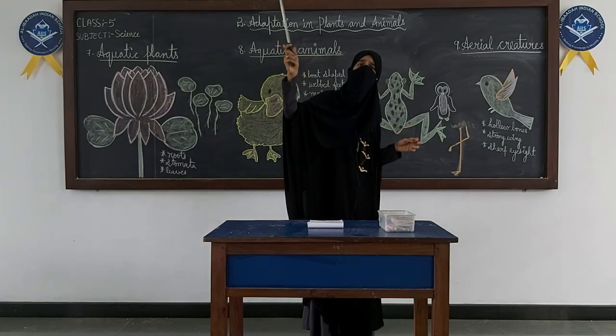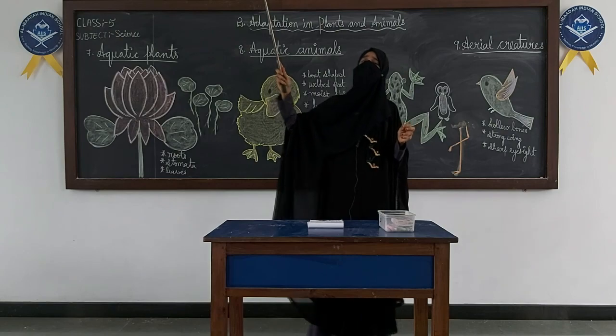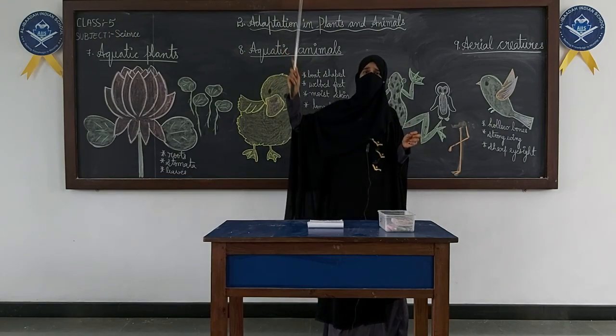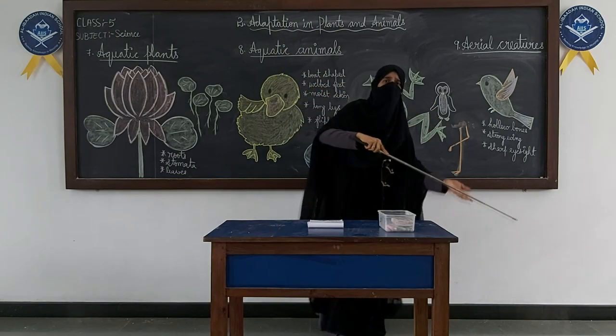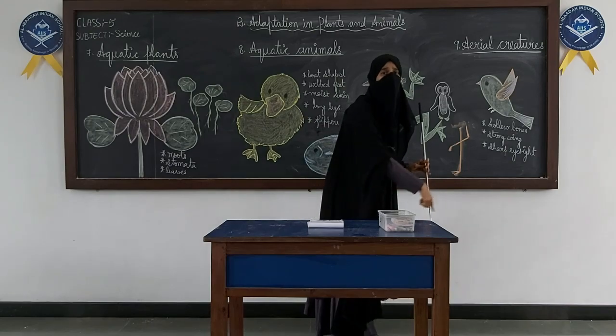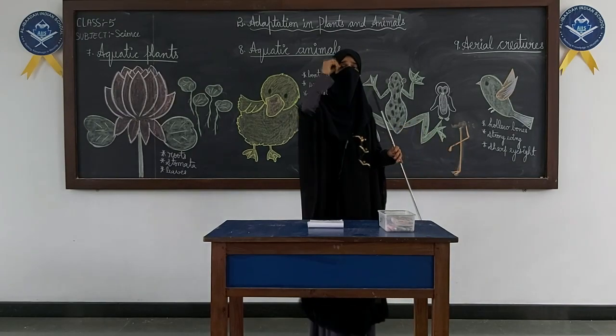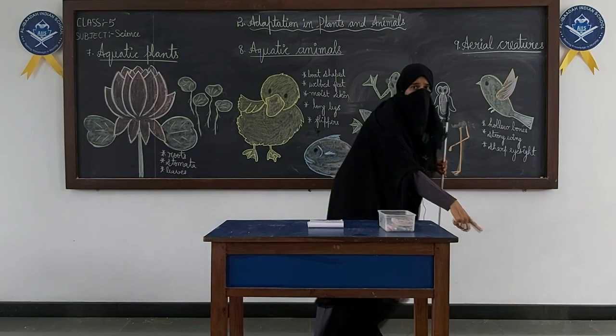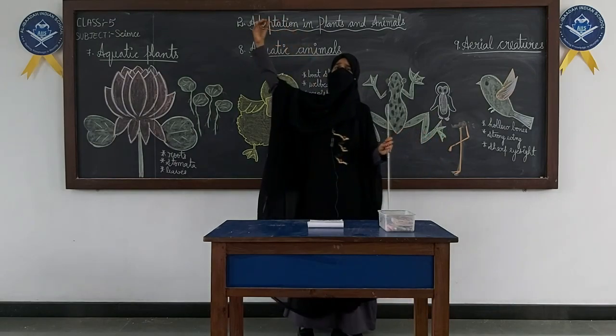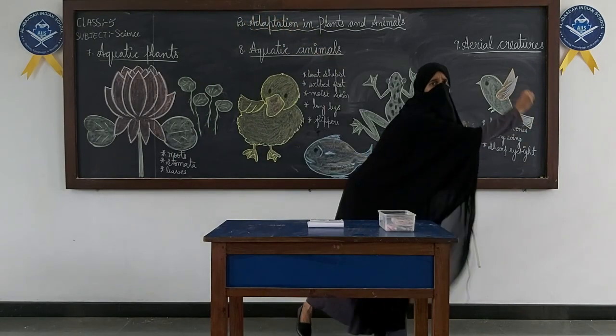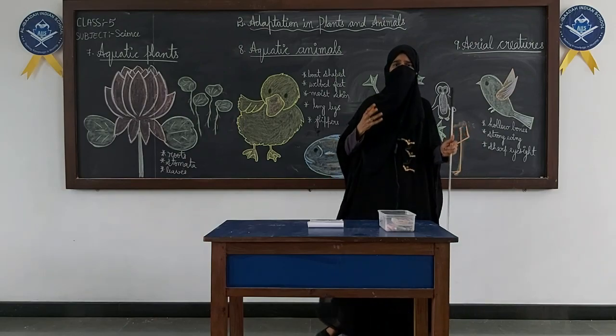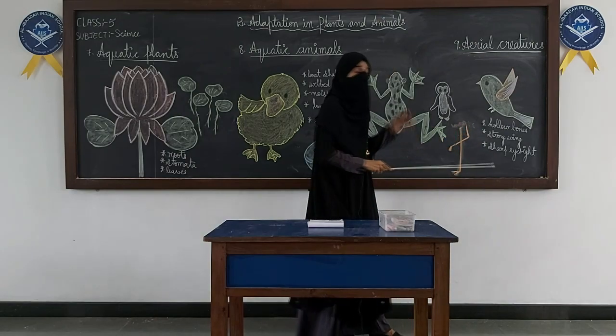An eagle or a kite flying above in the sky can see a small mouse walking on the ground, because it has very sharp eyes. Have you ever observed that an eagle comes, holds its prey and flies away, because it has very sharp eyesight?